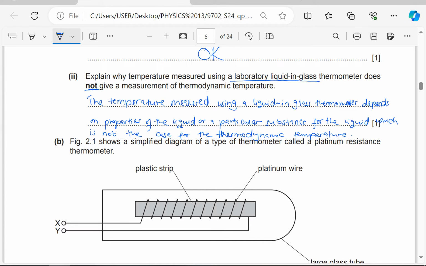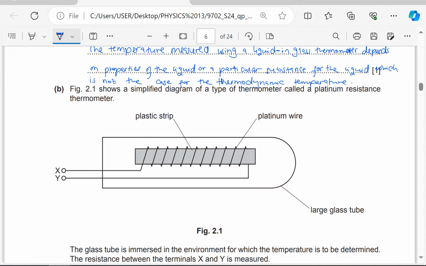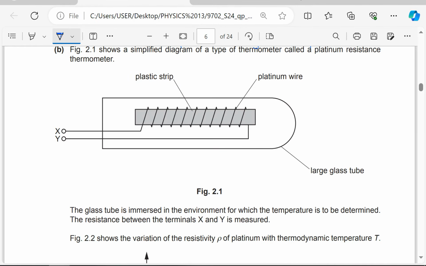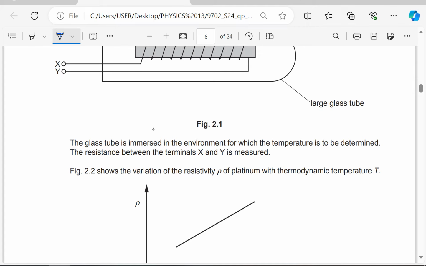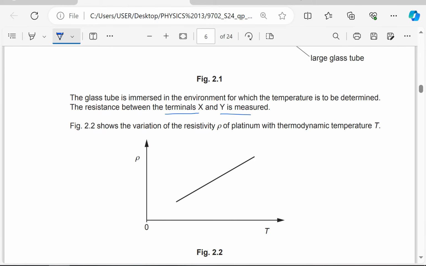The figure shows a simplified diagram of a type of thermometer called a platinum resistance thermometer. So we have a plastic strip, platinum. We don't need to know details about the diagram. The glass tube is immersed in the environment for which the temperature is to be determined. The resistance between terminals X and Y is measured.